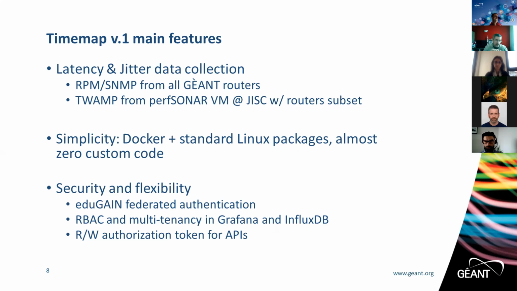But the choice of the tool provided us some interesting benefits, also in terms of security. As I said, we are at GÉANT federated, and flexibility, because both Grafana and Influx in the last version have a quite rich role-based authorization, and also support multi-tenancy.